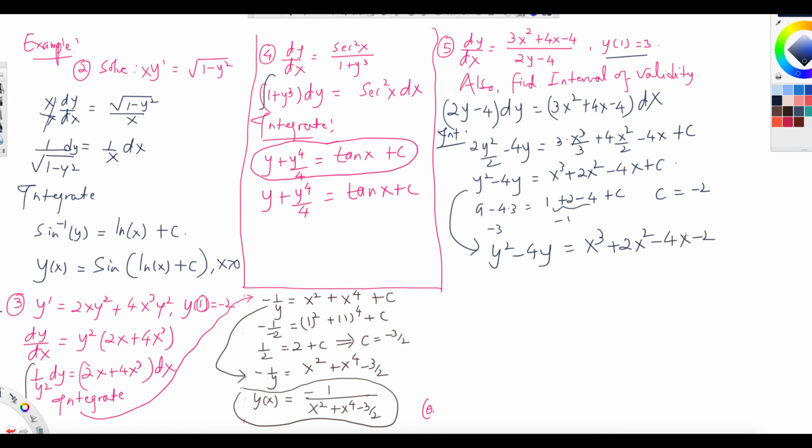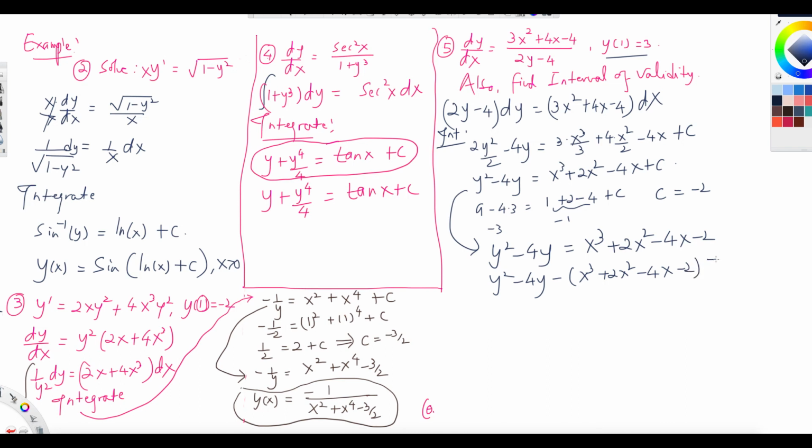So this is not easy, because it is hard to solve for y. But we need to find the interval of validity, and to do that you need to explicitly solve for y. How do I solve? You can think of it like this. You can bring everything to the left: y squared minus 4y minus x cubed plus 2x squared minus 4x minus 2.